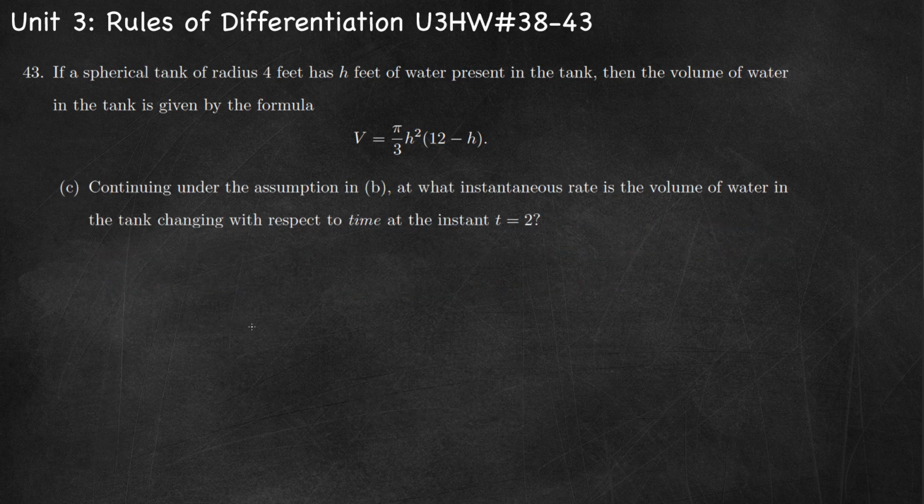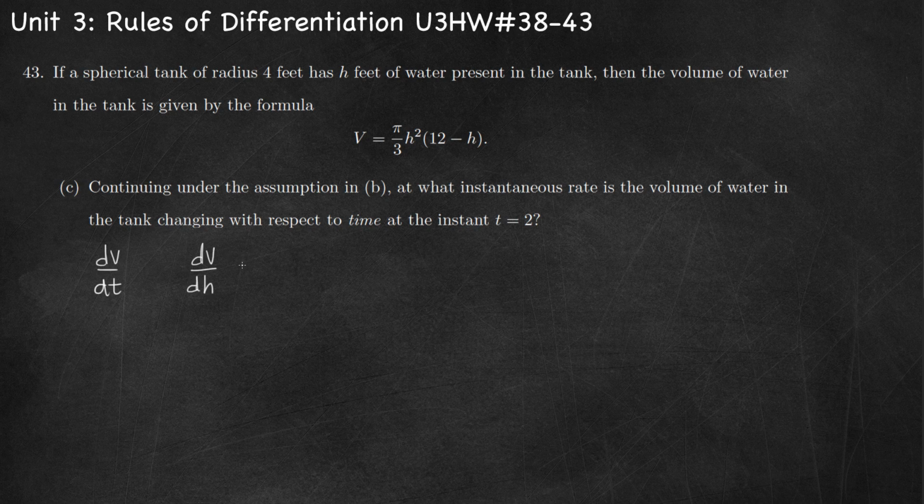Part C, continuing under the assumption in B, at what instantaneous rate is the volume of water in the tank changing with respect to time at the instant t equals 2? So this time we want the rate of change of volume with respect to time. In other words, we want dV/dt. So in part A, we found dV/dh, the change in volume with respect to the height.